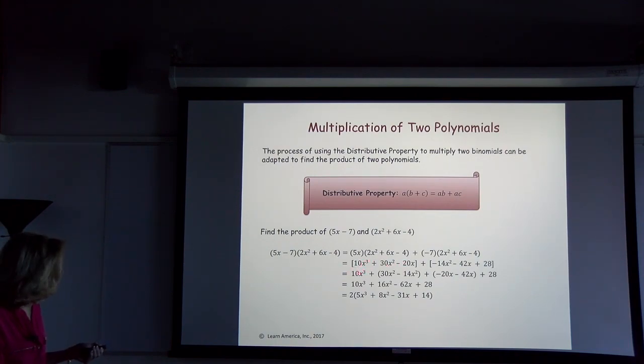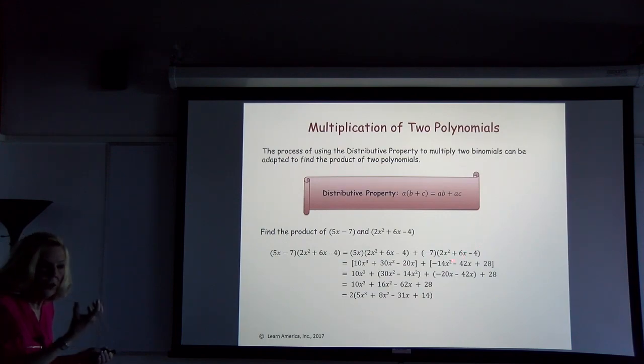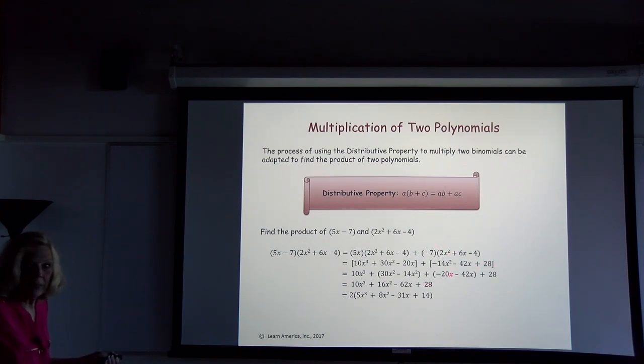Then I might look in descending order, which is the x squared term, put a circle around that, put a circle around the other x squared term. You then can account for all the terms. The negative 20x, I might decide to put a little triangle around that and a negative 42x with a triangle. So those are like terms, combine those. And then the 28 is just sort of the tag along at the end.